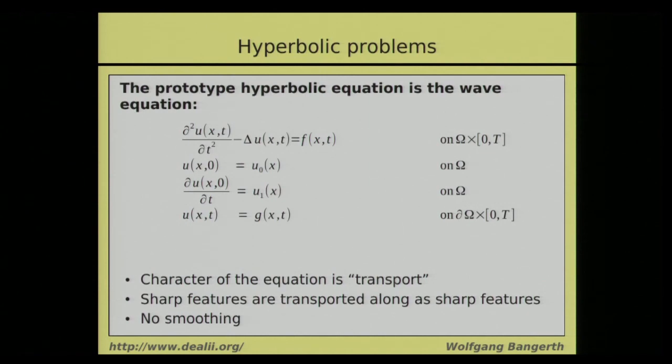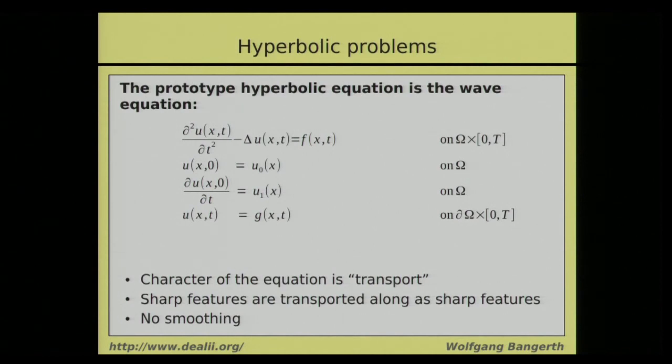Now, if you go 100 units into the future, you have the same wave that is transported from x equals 100 to x equals 101, for example. So you have the same kind of feature at a future time that happens in exactly the same delta t, right, from 100 to 101. And you have to expect that you have to choose the same time step at time t equals 100 as you chose for t equals 0.